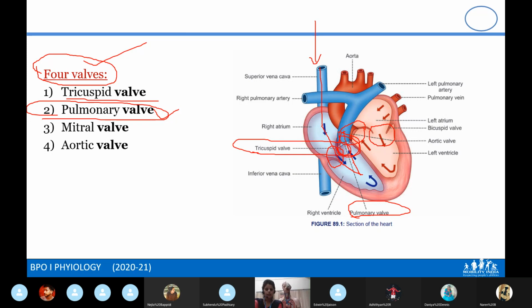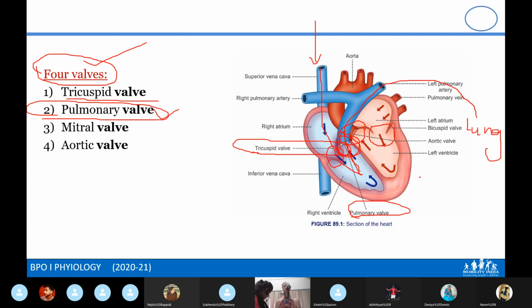Now from the right ventricle, blood goes via this artery to the lungs. So this artery, pulmonary artery, via this the blood goes to lungs.